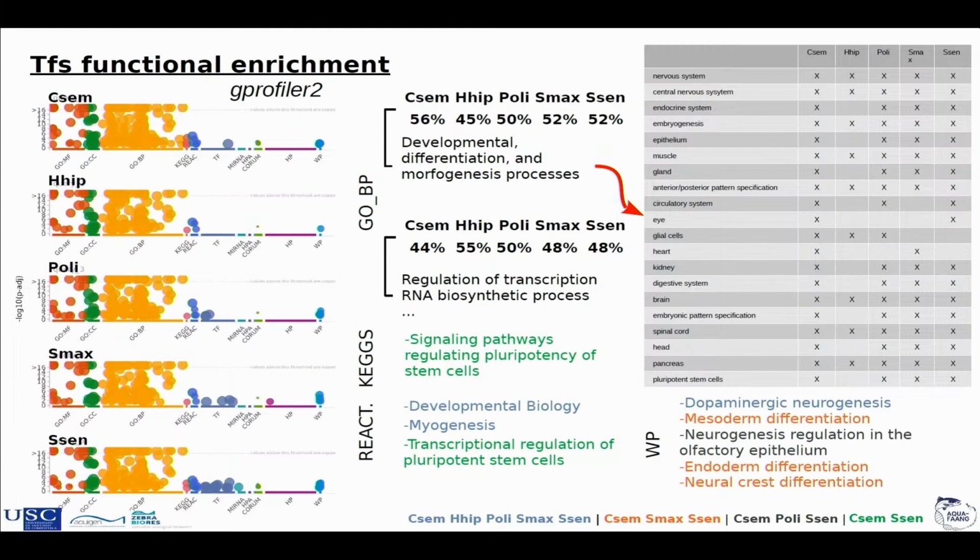Again, a lot of tissues and organs were represented among the developmental enriched terms. In the case of the enrichment pathways, we detected only 2 pathways enriched for the 5 species selected, which are developmental biology, myogenesis, and dopaminergic neurogenesis, while other pathways were enriched, but only for 3 species or 2.